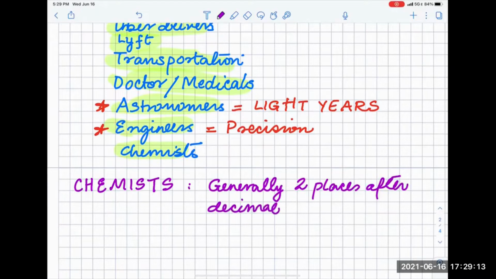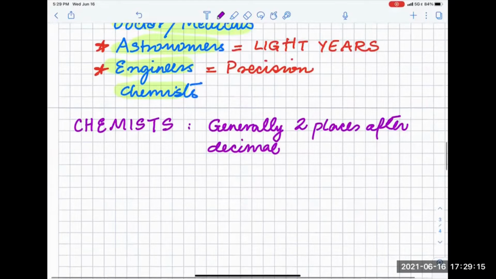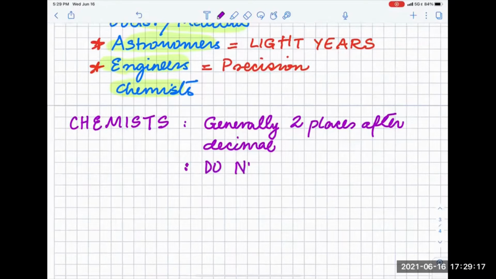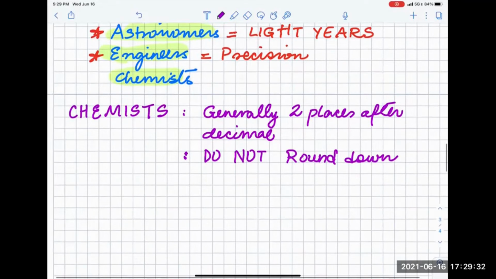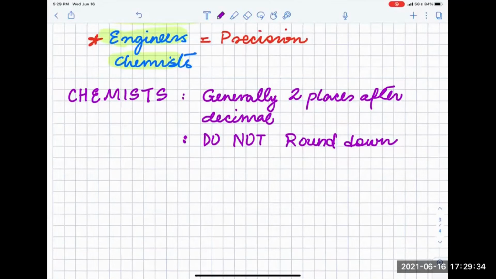The next thing is that for chemists also, do not round down, because we are working with data. Why would you round down, first of all? Do you understand rounding up and rounding down? Rounding up is when, if it's 5 and above, you make it one number higher.